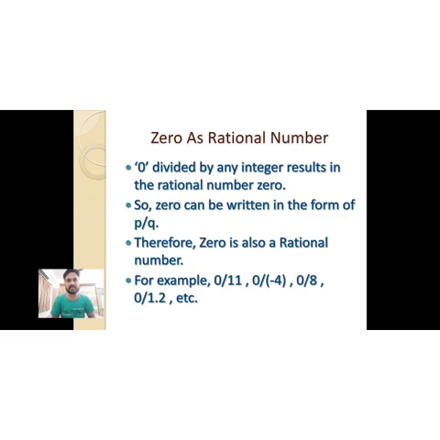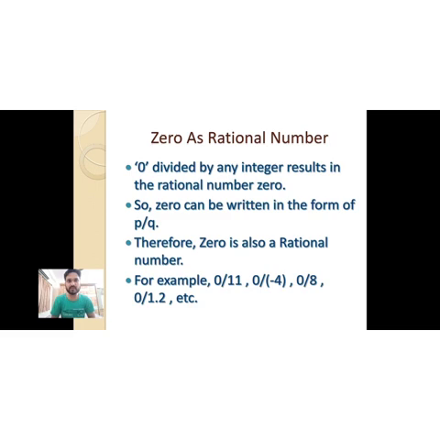Now, 0 as a rational number. As we know, 0 is a rational number if 0 is placed as the value of P, with Q not equal to 0. Zero divided by any integer results in the rational number 0 itself. So 0 divided by any number, the answer is 0.